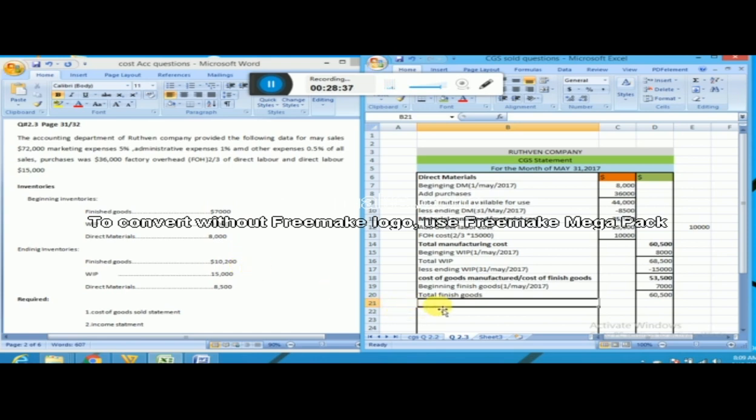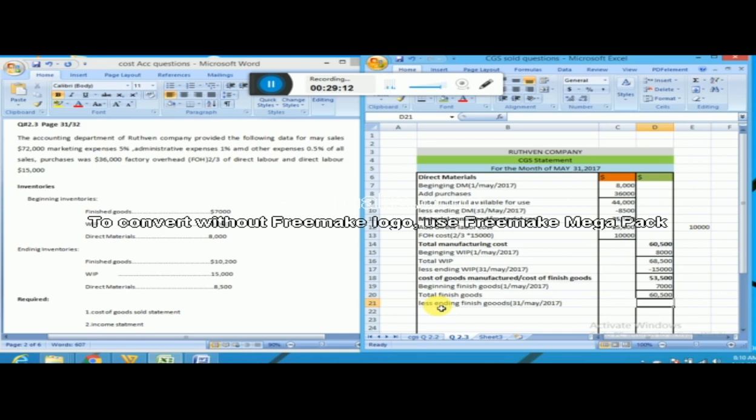Why? These 10,200 cost of goods were not sold out. So less ending finished goods. Clear now? How much is the ending finished goods? Ending finished goods, we will put the date 31st of May 2017. How much?